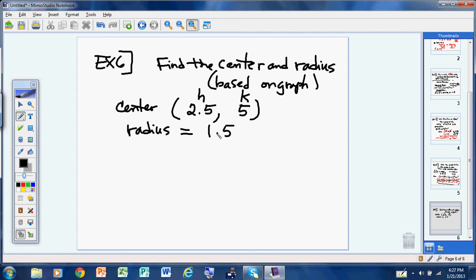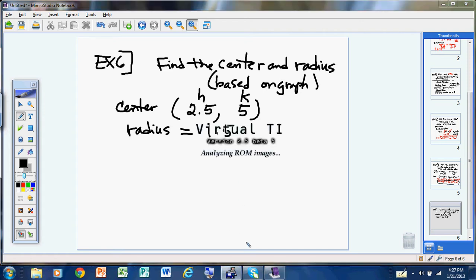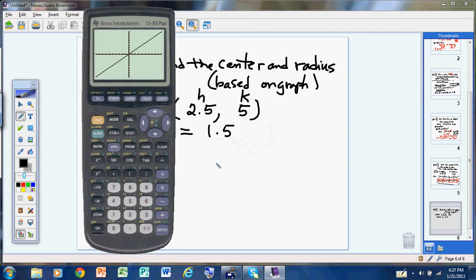Well, probably better convert these decimals to fractions. Let's see how to do that real quick. Let me call up the TI virtual calculator and let's clear this.